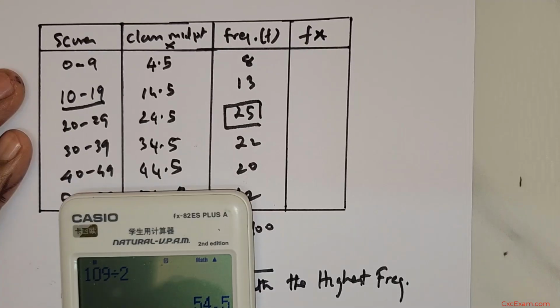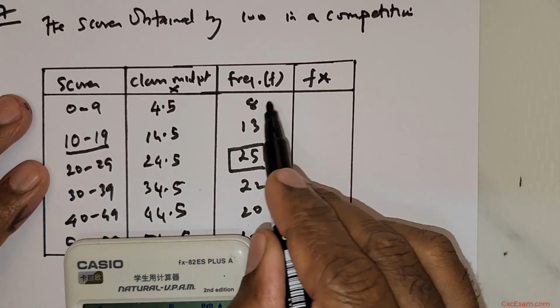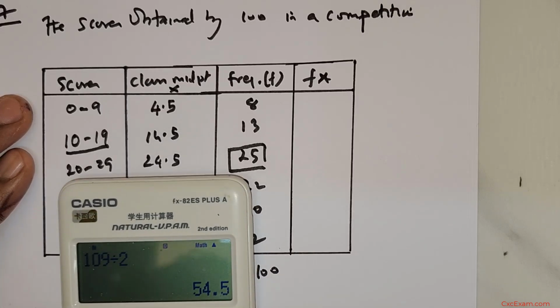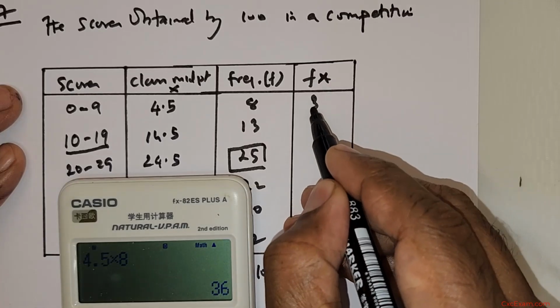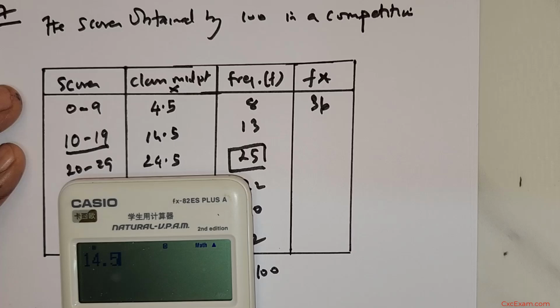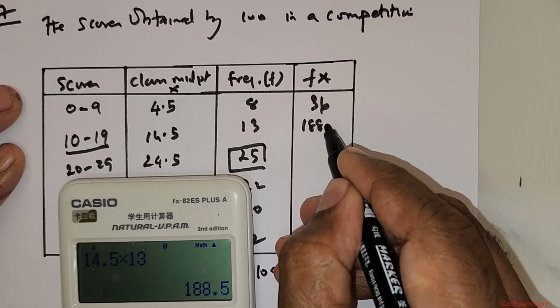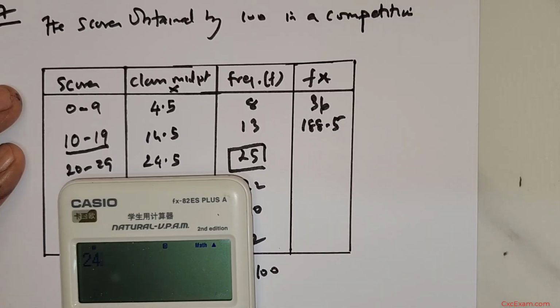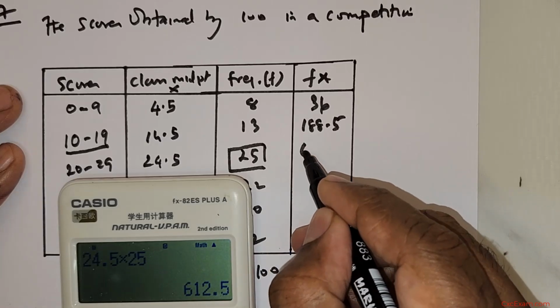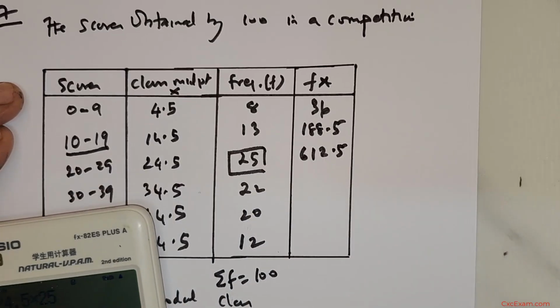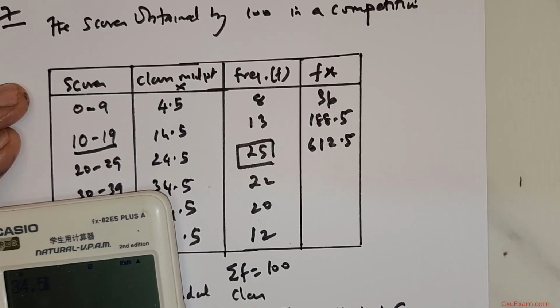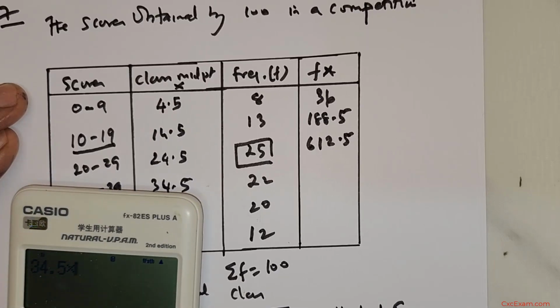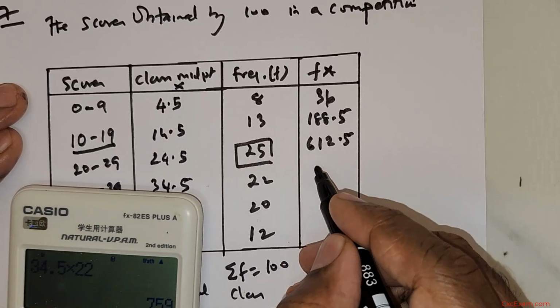So we move on. Now what we need to do is find f times x. So 4.5 multiplied by 8, 36. 14.5 multiplied by 13, 188.5. 24.5 multiplied by 25, 612.5. 34.5 multiplied with 22, 759.